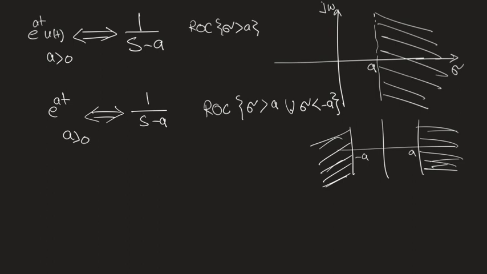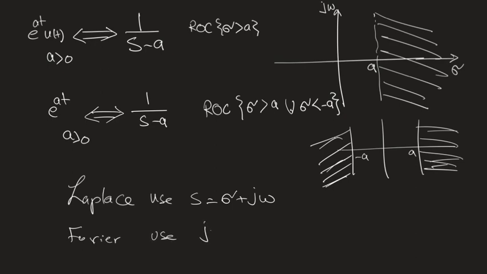Another thing which is very nice to notice as well is, remember that the Laplace uses S, which is equal to sigma plus j omega. Fourier uses only j omega.